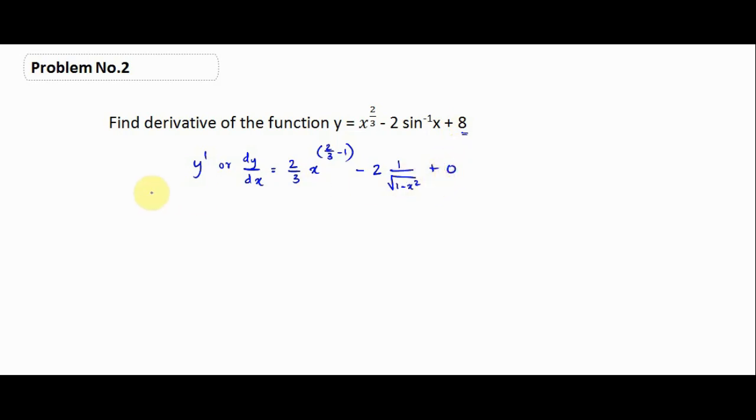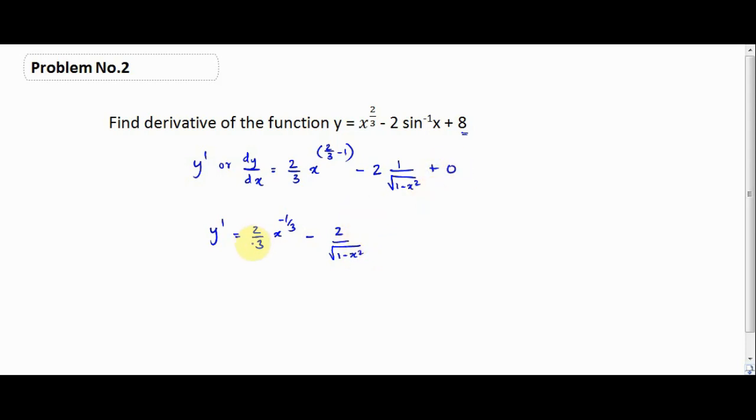So we are getting y dash or dy by dx as 2 by 3 into x raised to 2 by 3 minus 1, so we will get it as minus 1 by 3, minus 2 into 1 by root over 1 minus x square, which we can write as 2 divided by root over 1 minus x square, plus 0.